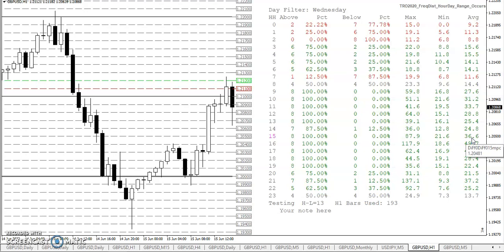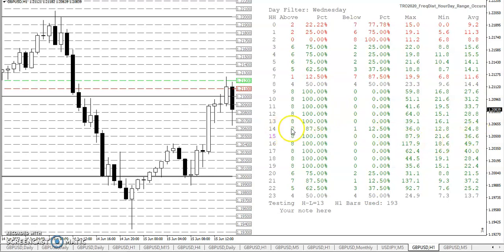What we're looking at is the Wednesday, because this is just on Wednesdays since we've got the day filter on. So we're looking at 8 Wednesdays, the last 8 Wednesdays. I hope that kind of clears things up.